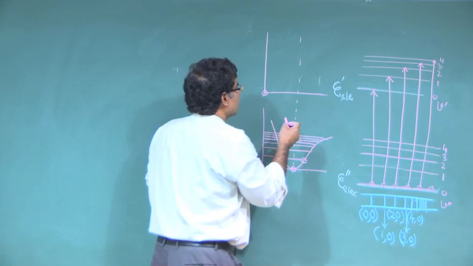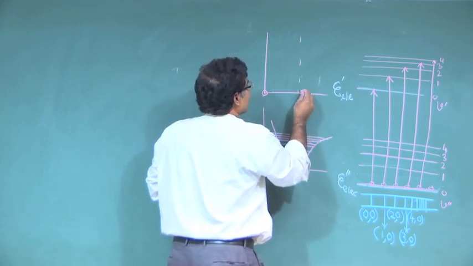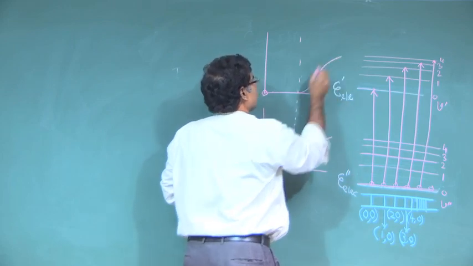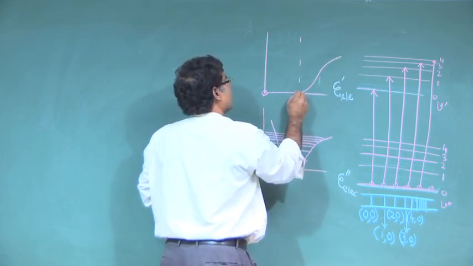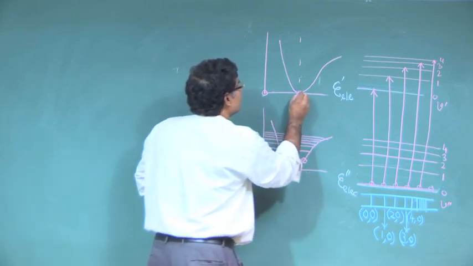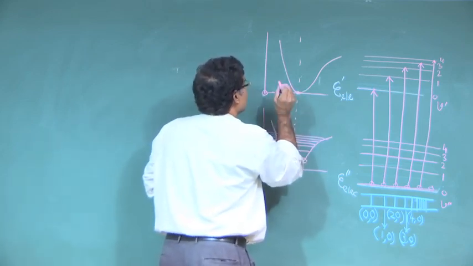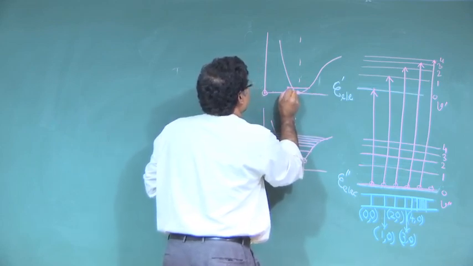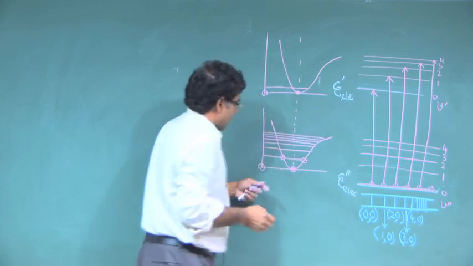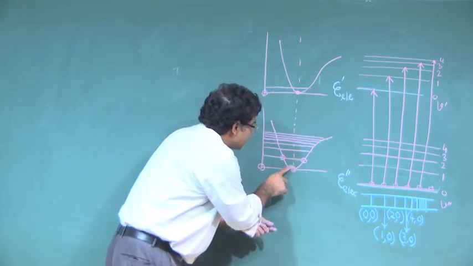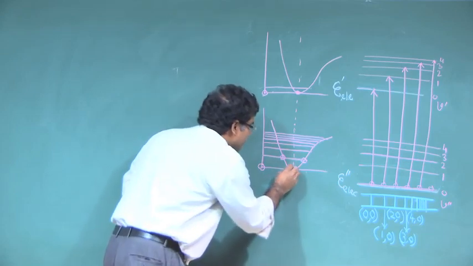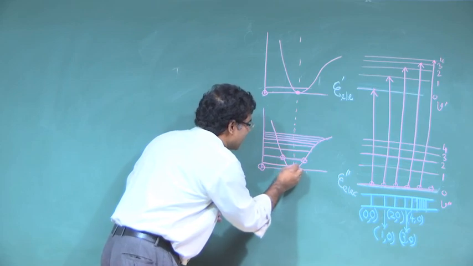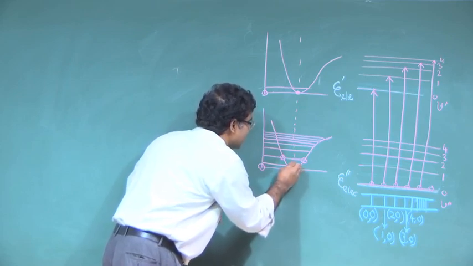Okay. So, again, if you draw this, I think I should draw following the symmetry. Actually, I have drawn here this one, and for the 0 state the energy is not 0.